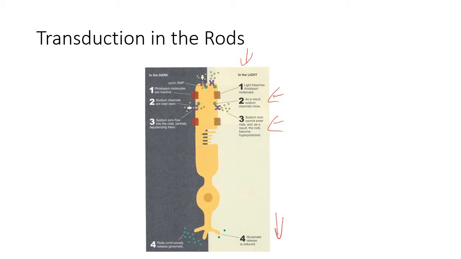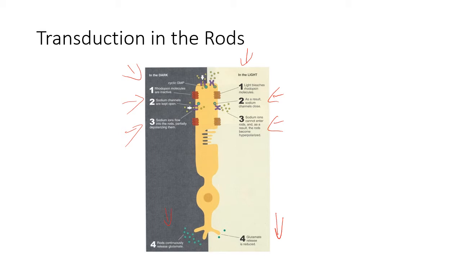In the dark, rhodopsin is inactive, and because of that, the sodium channels are kept open. It allows sodium to flow into the rods, depolarizing them, and they continually release glutamate.